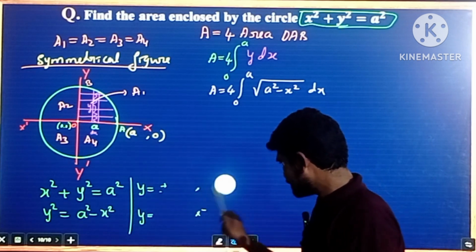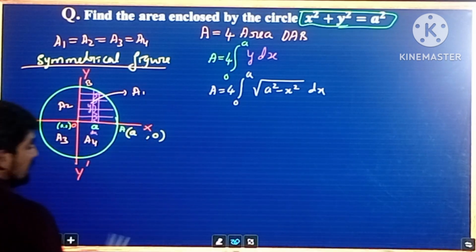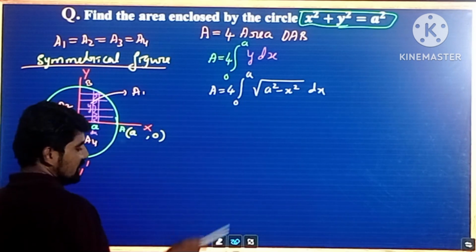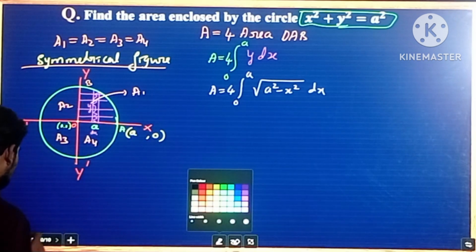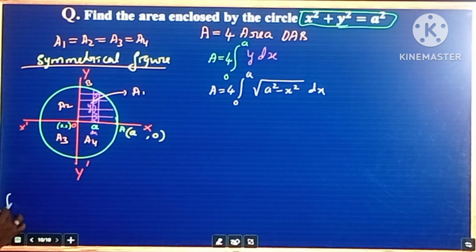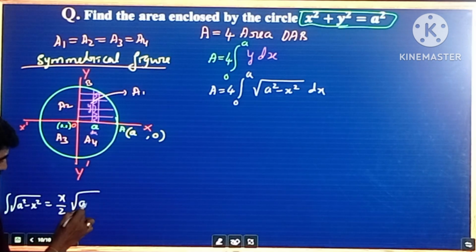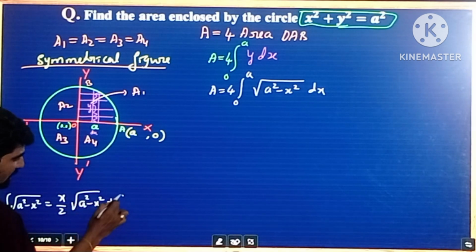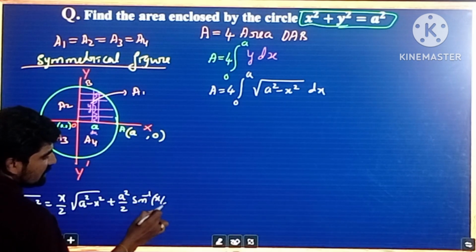Now see here. Integration of the square root of a square minus x square. We have one of the standard formulas for particular functions. That is, the integration of the square root of a square minus x square is equal to x by 2 times the square root of a square minus x square plus a square by 2 into sine inverse of x by a plus c.